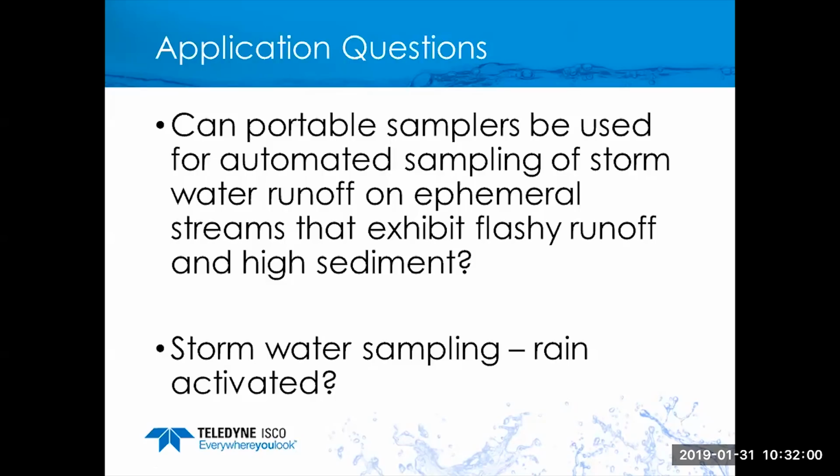If you have really high, flashy, short, bursty type flow conditions, that external equipment will also be very important to be able to establish and inform the sampler that, hey, there's water here, take a sample now, or there isn't any water here, so don't bother because you're just going to collect air.